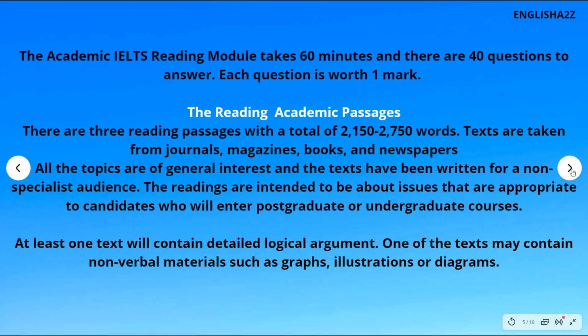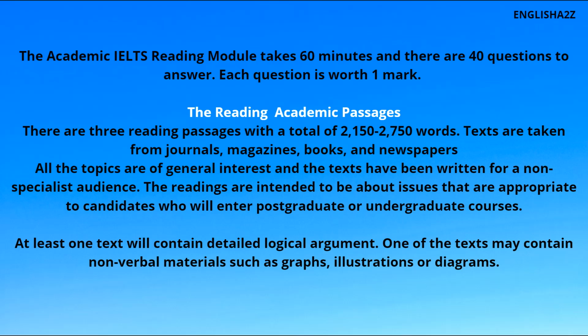So the academic reading module takes 60 minutes and there are 40 questions to answer. Each question is worth 1 mark. So if there's 60 minutes, you have to organise your time to do everything you have to achieve. There are 3 reading passages and, wait for it, a total of 2,000 to 3,000 words.